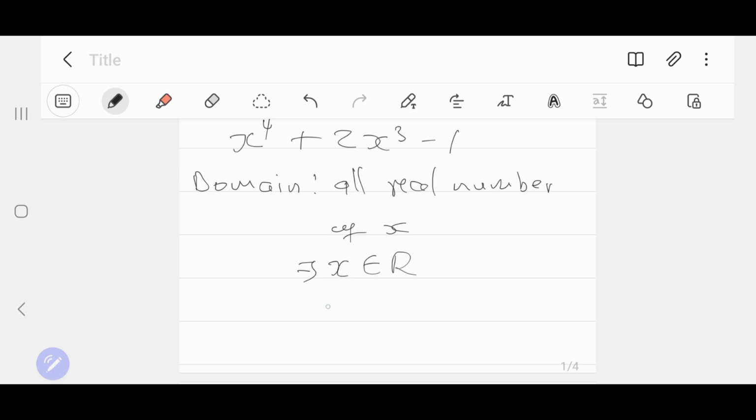Then that's how you're going to write it. x is an element of negative infinity to positive infinity. And you must be very careful about your brackets, people. These are not square brackets, but they are the curved ones.